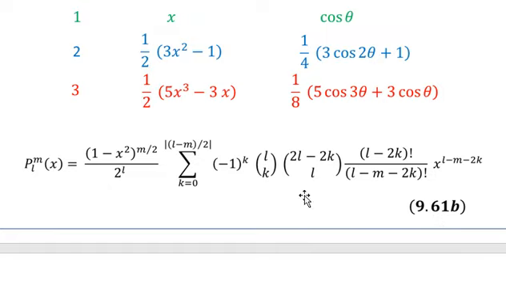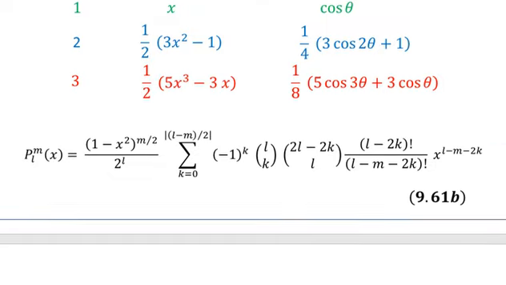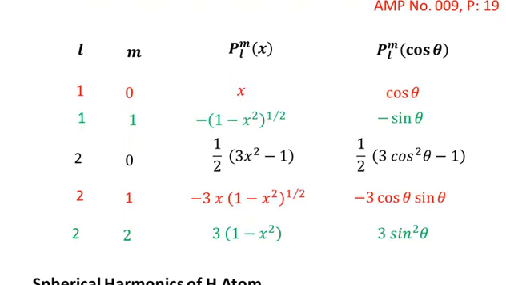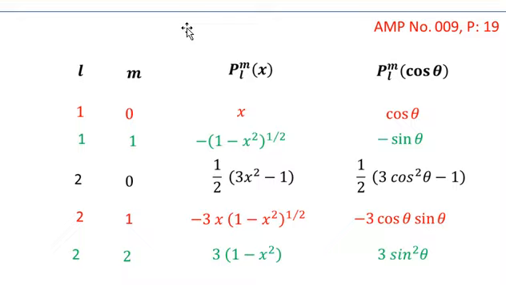So you can use this expression, which is the power series formula, to calculate the different values of PLM as a function of x. So you see that I have shown these values over here. The values of L are listed in the leftmost column.